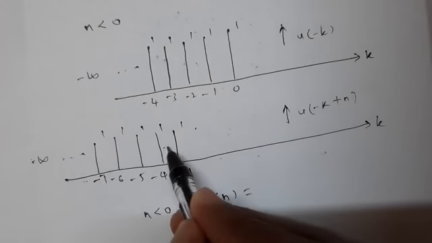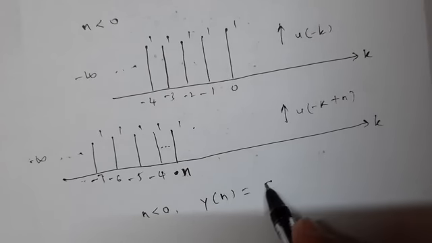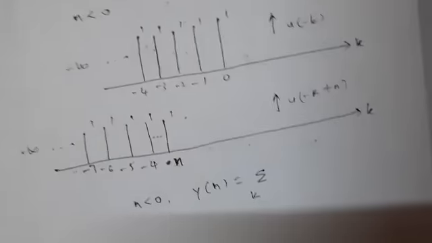When n is less than 0, I told that n is minus 3, for example. So you know that for u of minus k, the samples exist towards minus infinity.